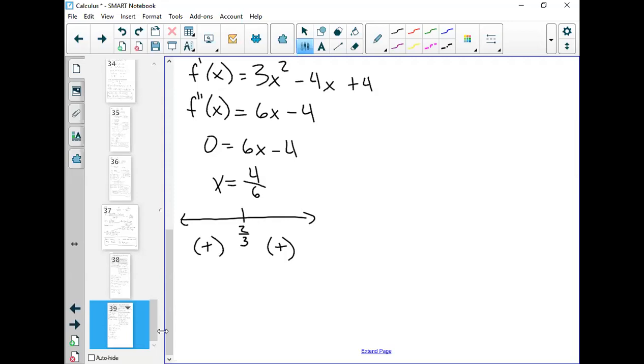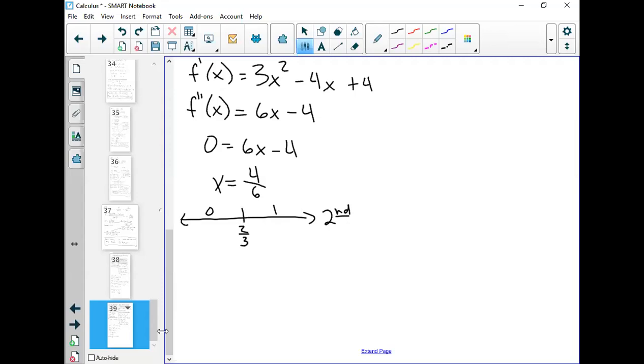Okay. So let's test some values, test something left of 2/3, make your life easy, use 0 when you can, and use 1 when you can. And we're going to plug this in to the second derivative. I like to put a little note on my horizontal line test that tells me whether I'm looking at the first derivative line test or the second derivative line test.